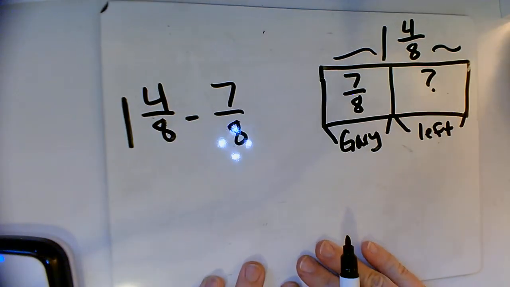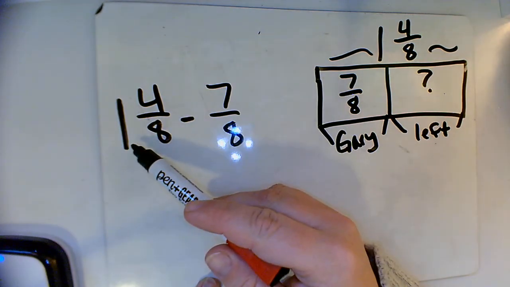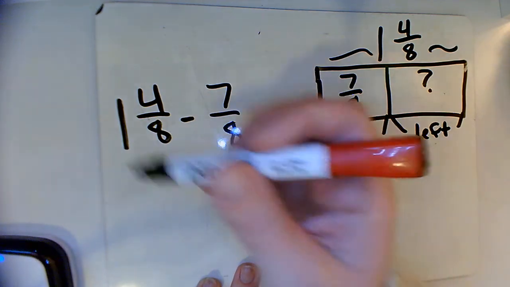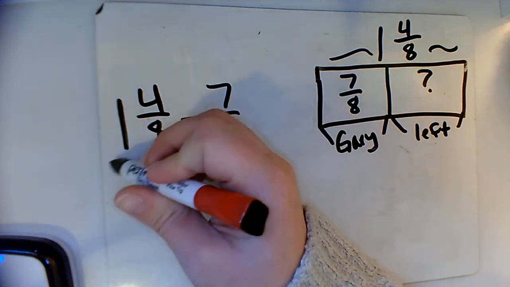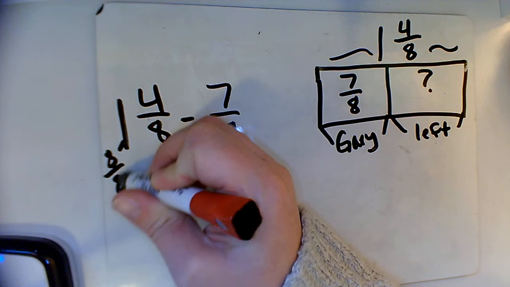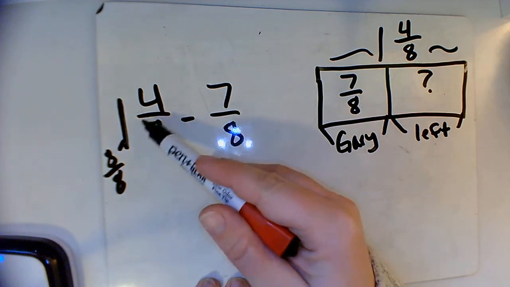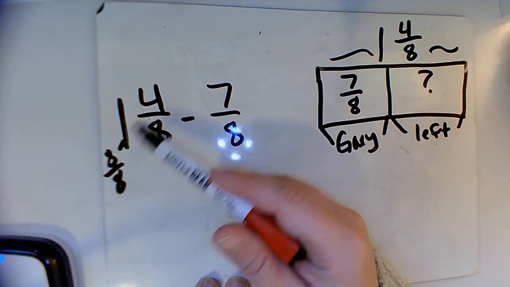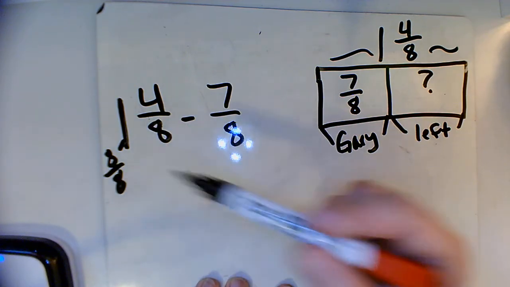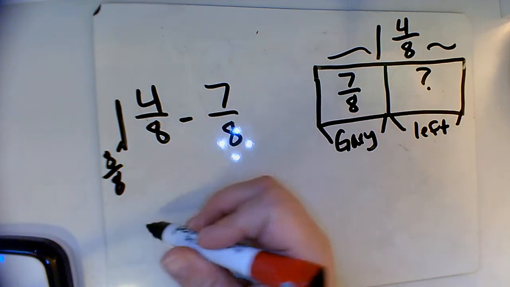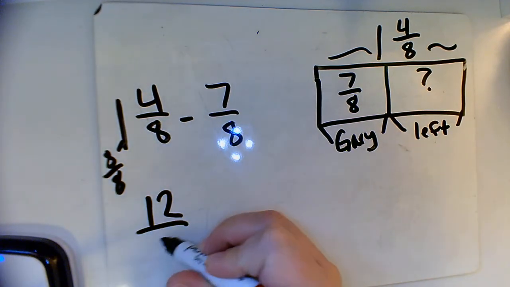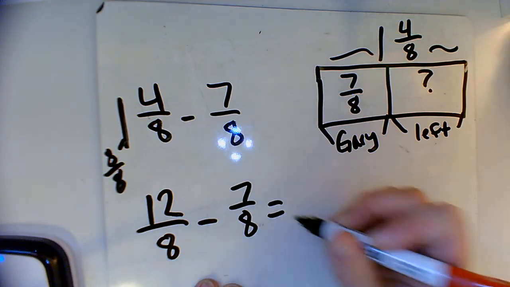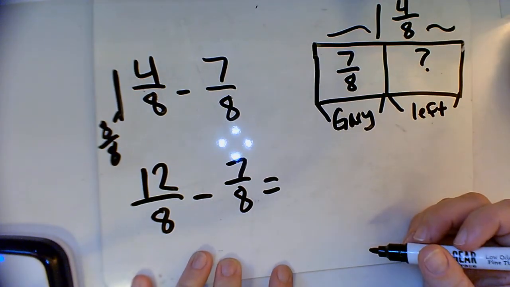Okay, because we have that mixed number, let's convert this to our fractional unit of 8s. So this 1 we know is going to be worth 8/8, right? I need 8. My denominator is 8. I need 8 to make 1. So 8 plus 4 gives us 12. So I'm going to rewrite that as 12/8 minus 7/8.